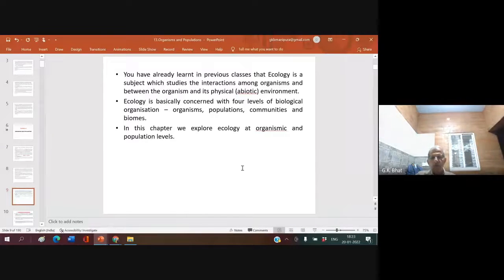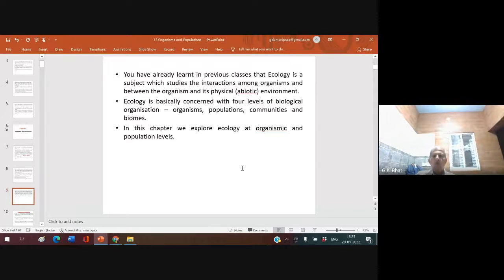Physical environment is also called abiotic environment. Abiotic environment mainly includes light, temperature, water, moisture, etc.